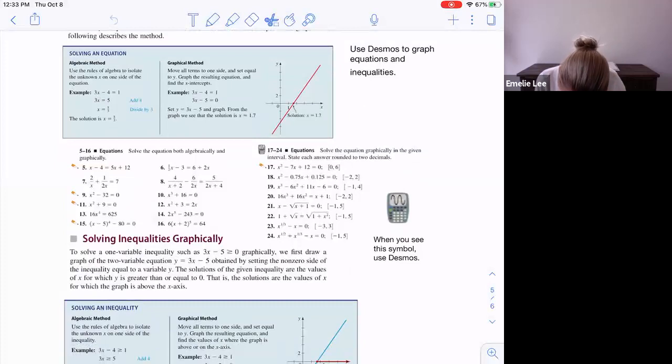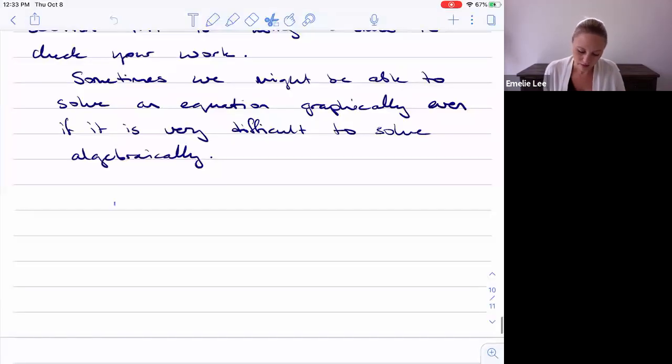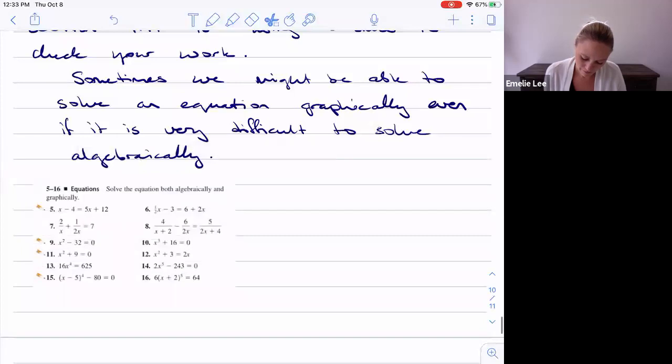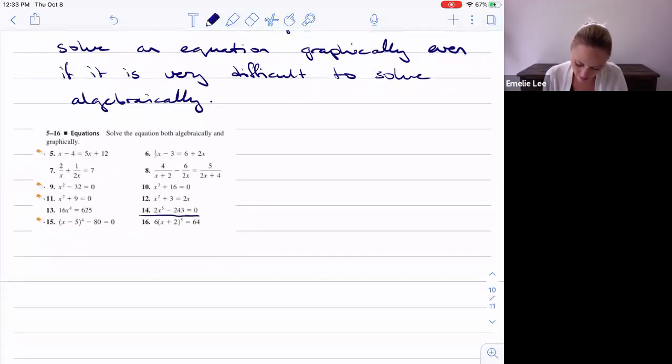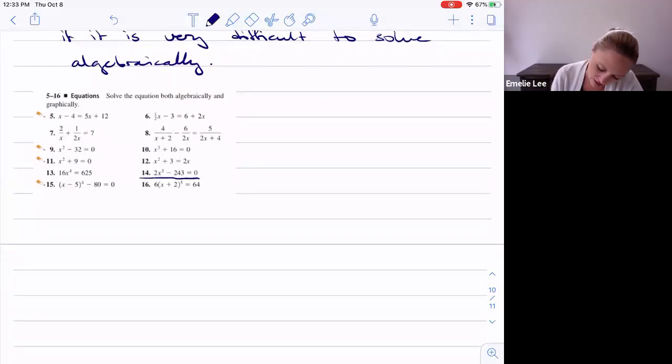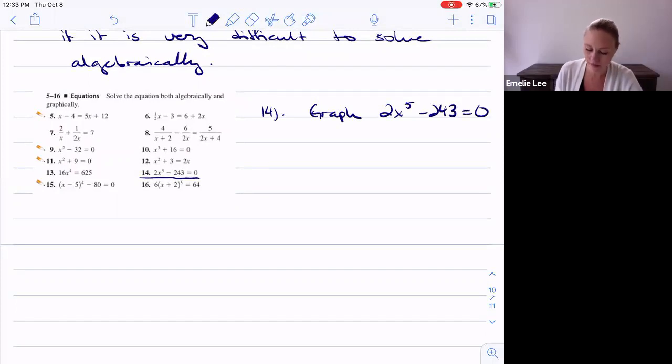Right, so for example, something like this, if you had to solve something like this, then that's pretty nasty, right? But if you graph it, so graph 2x to the 5 minus 243 in Desmos.